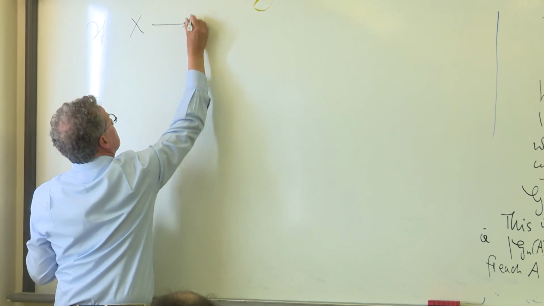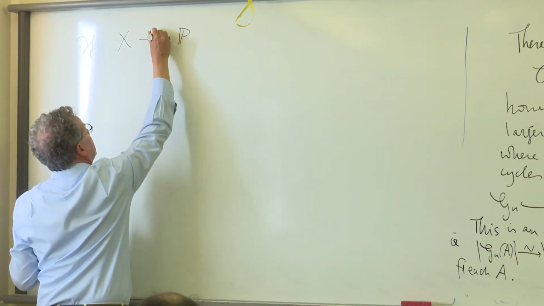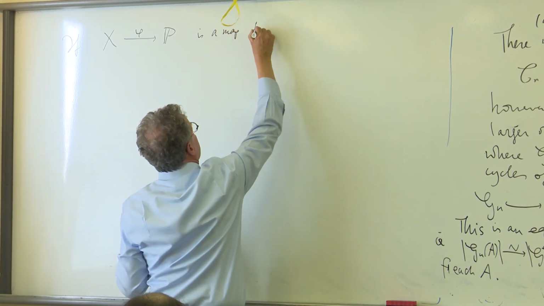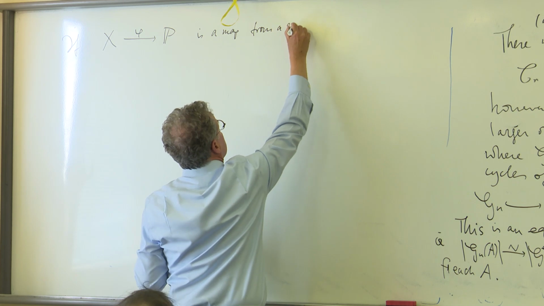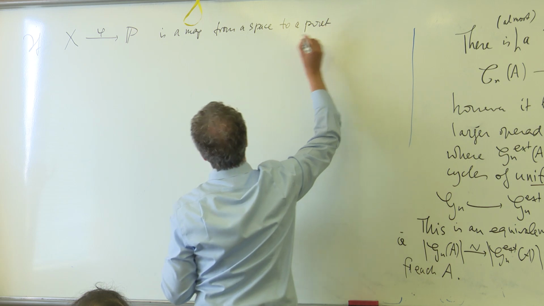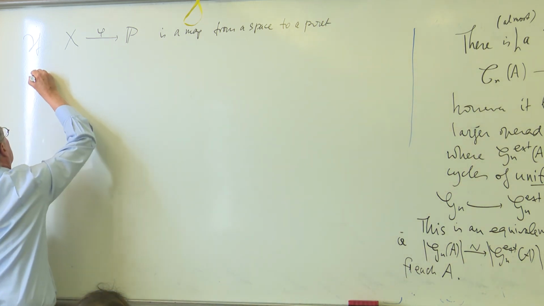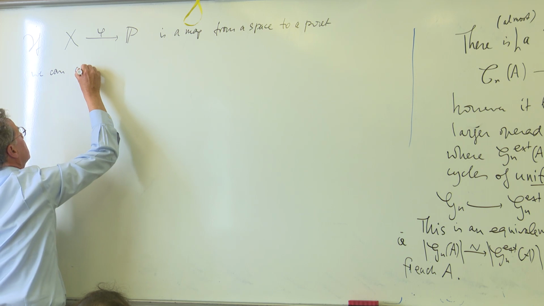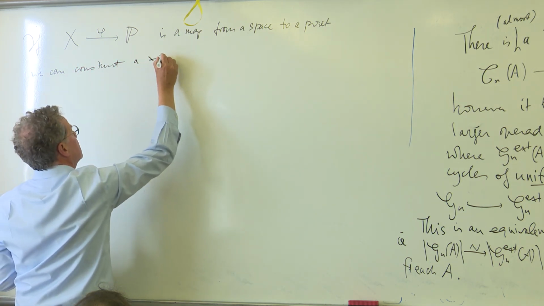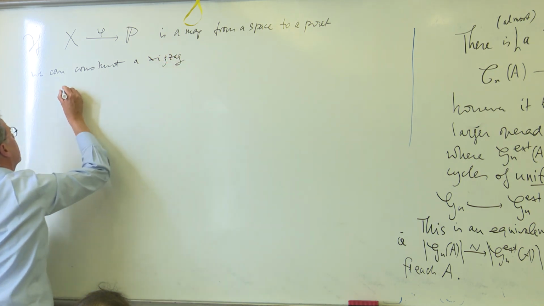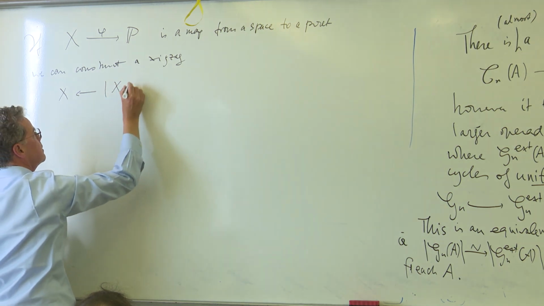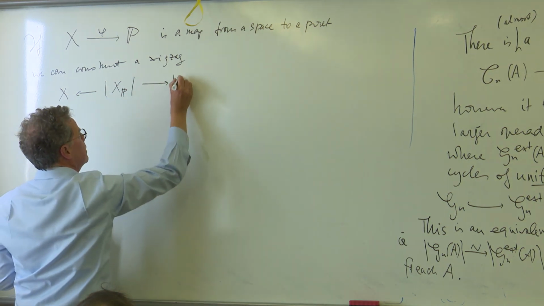If phi from X to P is a map from a space to a poset, we can construct a zigzag of spaces: X, X_P, |P|.